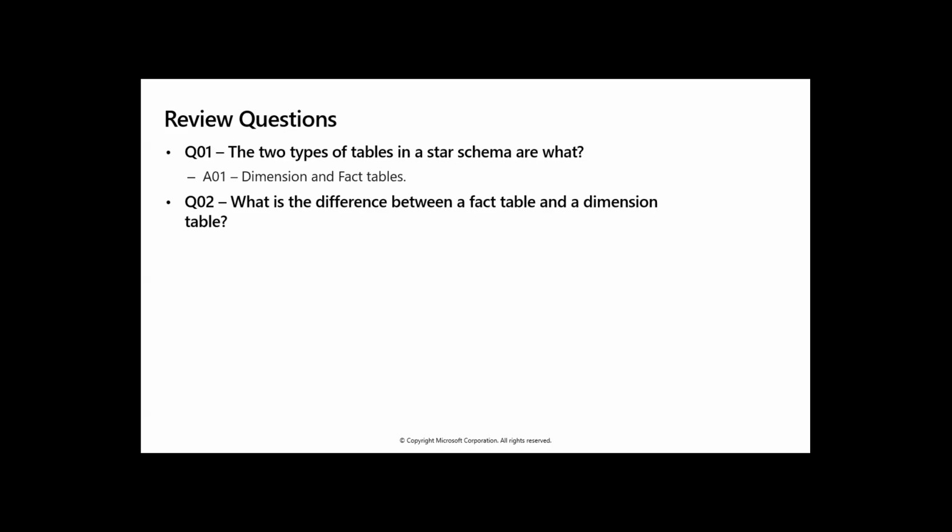Okay. Great. Correct. What is the difference between a fact table and a dimension table? The fact table stores observations or events, while the dimension describes business entities. I add another thing to that, observations or events. I add another word. What's the word?